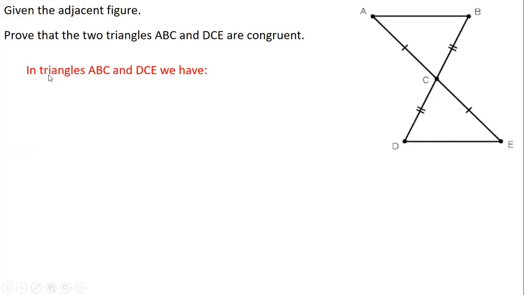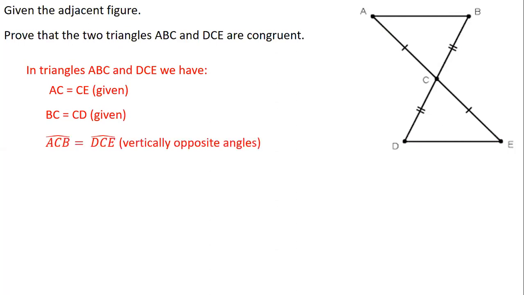So we start. Read, Karam, the starting sentence, please. In triangles ABC and DCE, we have AC equals CE by given, and BC equals CD by given, and angle ACB equals angle DCE, vertically opposite angles.